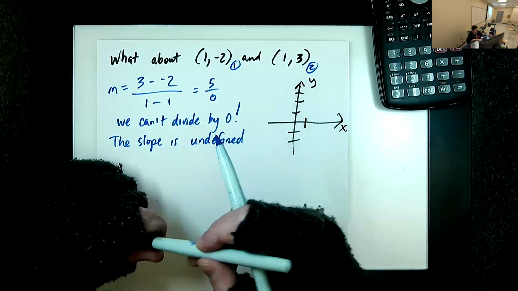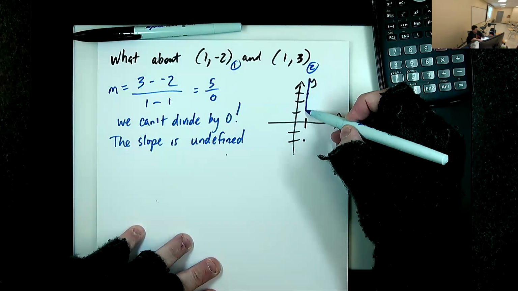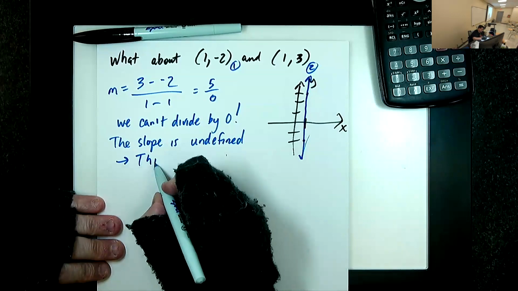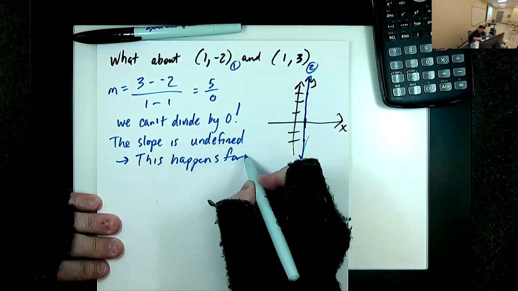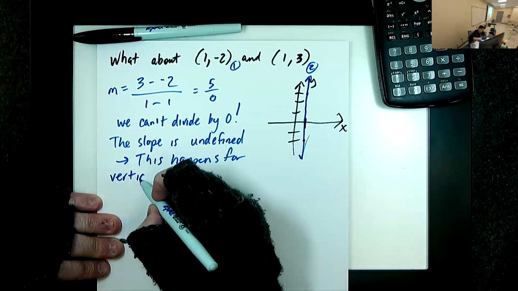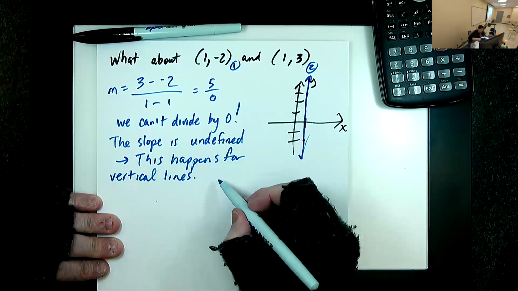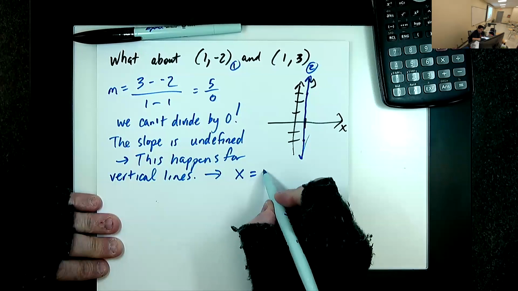As we can see, this happens for vertical lines. And vertical lines have the form x equals some value.